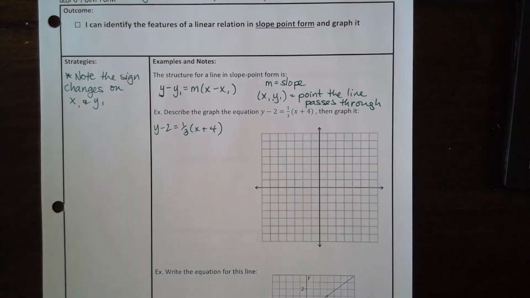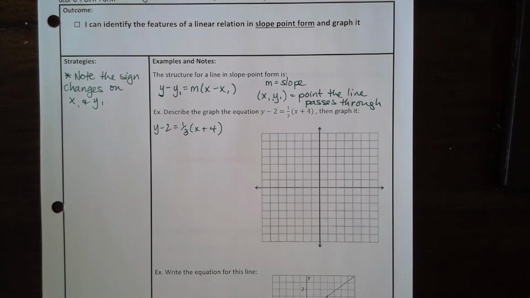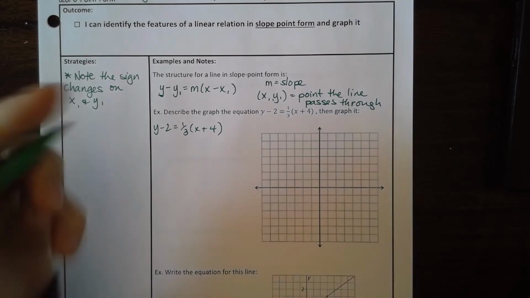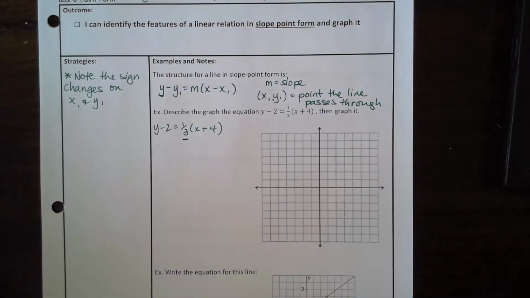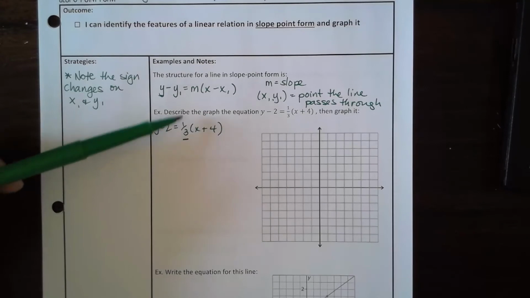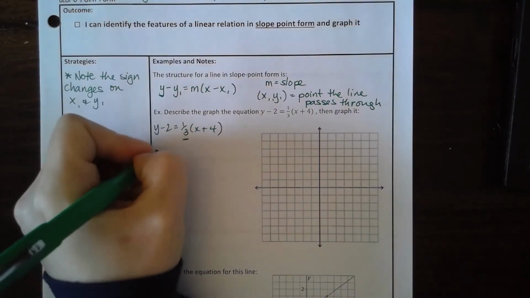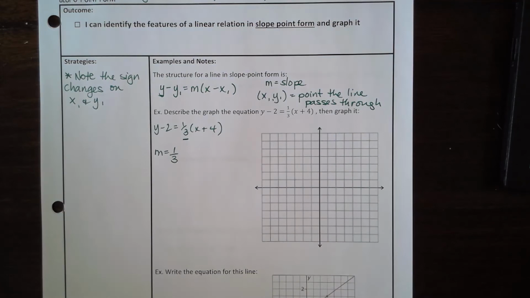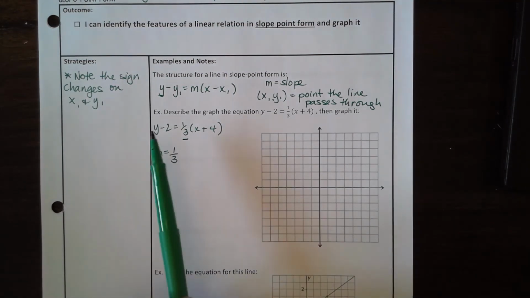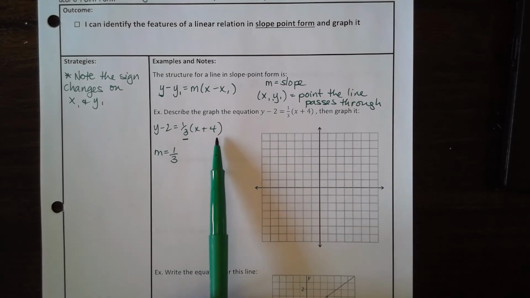How do I describe this? What's going on? Well, I think the easiest thing to find is this 1/3. What does this 1/3 match up with? It matches up with that m, right? So it tells us m equals 1/3. Our slope is 1/3. Now, what about this 2 and this 4, this minus 2 and this positive 4?